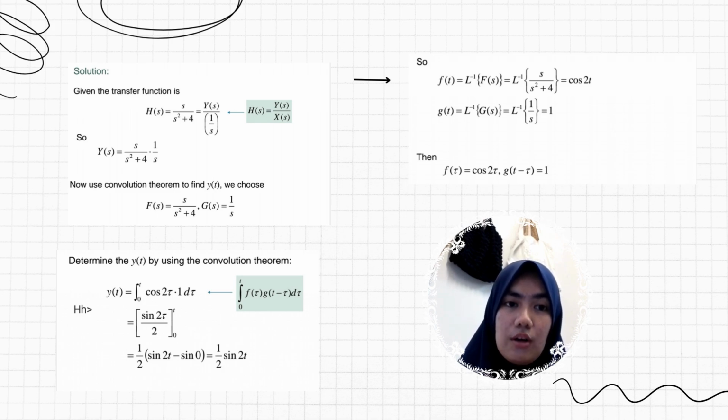So put the value of 1 over 2 sin 2t minus sin 0, and we get y(t) equals 1 over 2 sin 2t. Then that's all for the application in the control system model that relates to mathematics.